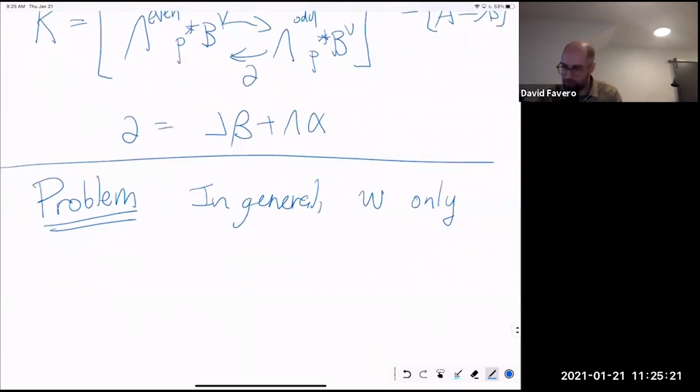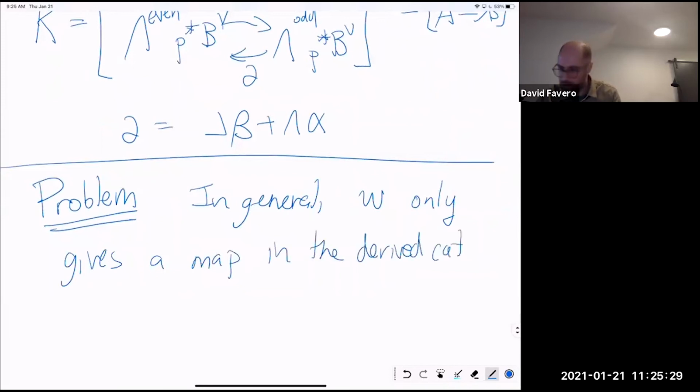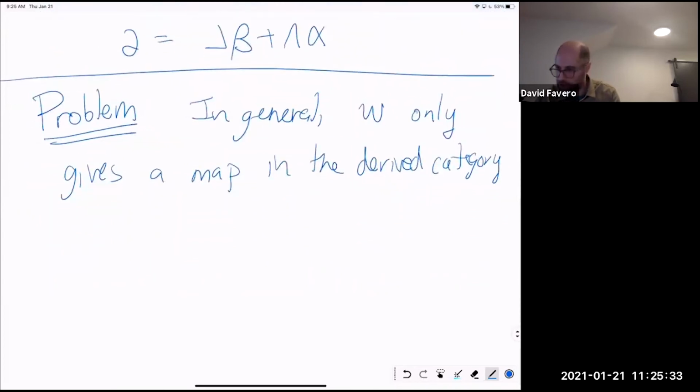I'm going to be a little bit sketchy here. Basically, alpha is a map from Sym A dual shifted by 1 to Sym B dual to A dual. But this exists in the derived category.